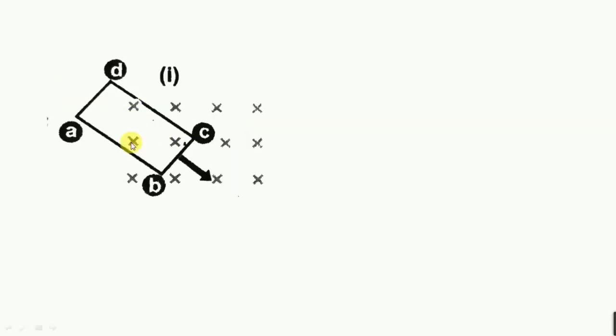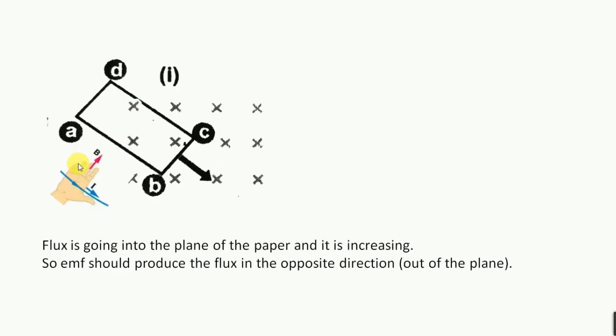Out here magnetic flux is increasing, so the induced EMF should oppose the increase of flux, so it should produce the magnetic field in the direction opposite to this. So the induced current should produce magnetic field in the direction out of the plane of the screen.